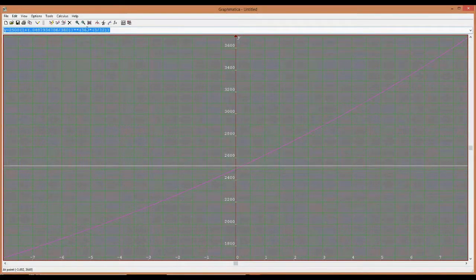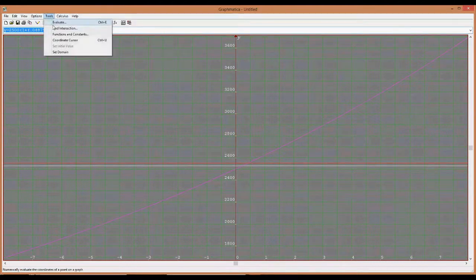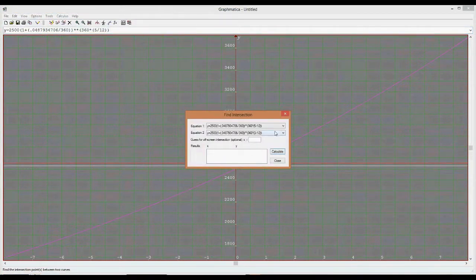Now let's do the second line, 5 over 12, and find the intersection. Calculate that: 2,551.3432.